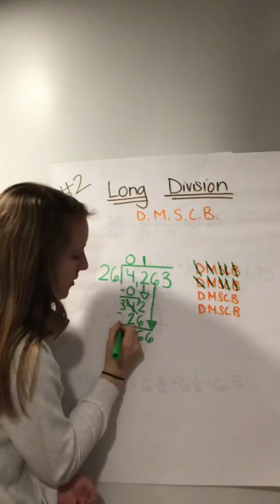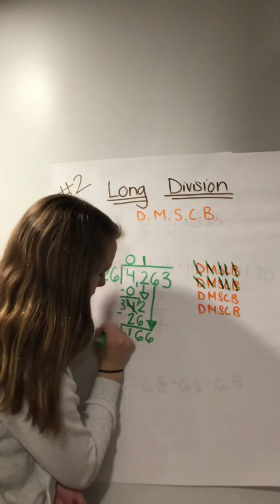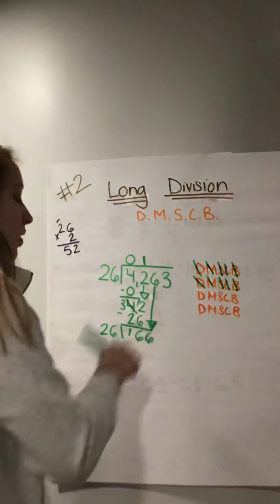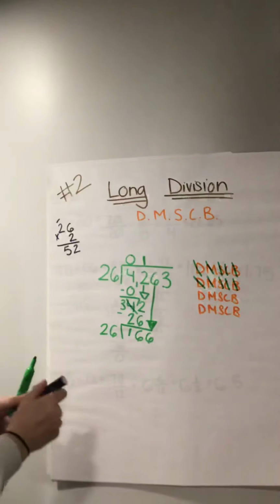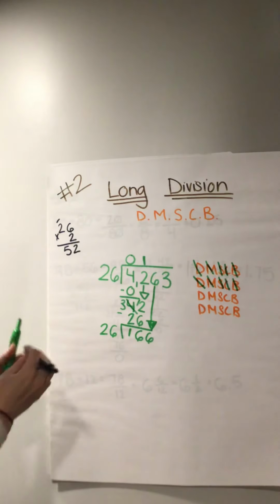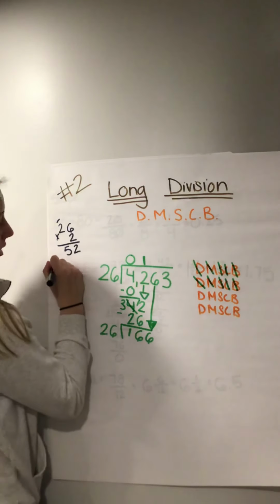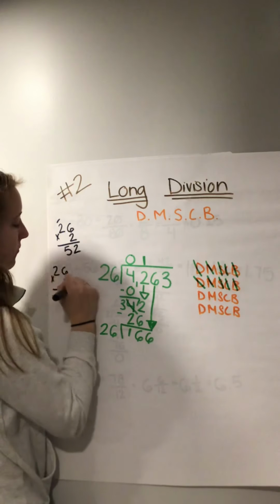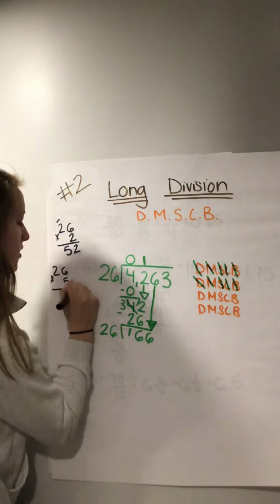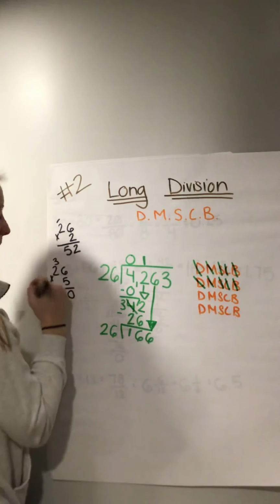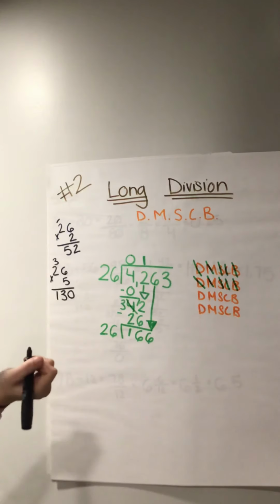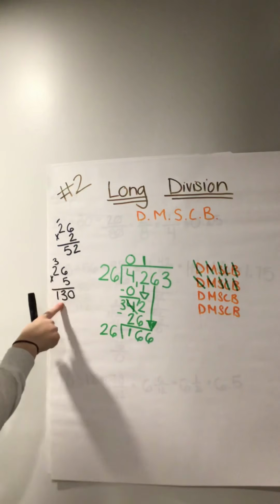So now we have to see, okay, how many times can 26 go into 166? So we're going to, again, have to show some math. Now, 166 is a pretty big number, so I'm going to try 26 times 5. I know 6 times 5 is 30. 5 times 2 is 10, plus 3 is 13. Okay. So 26 times 5 is 130.